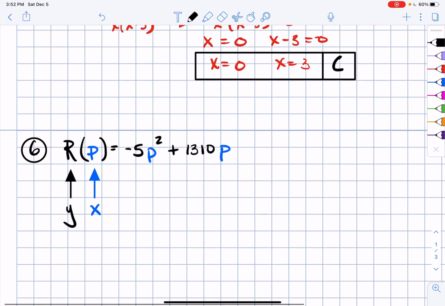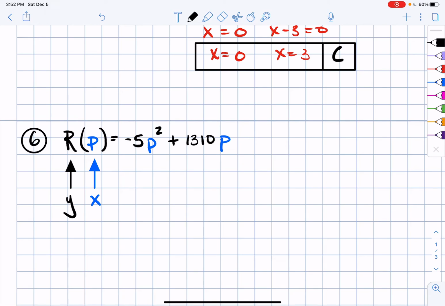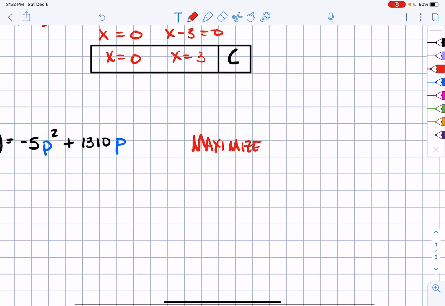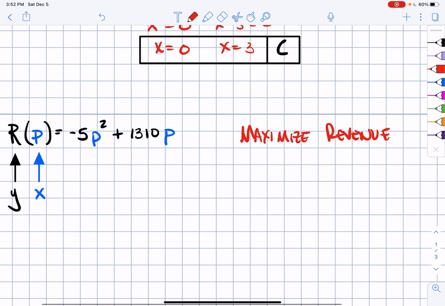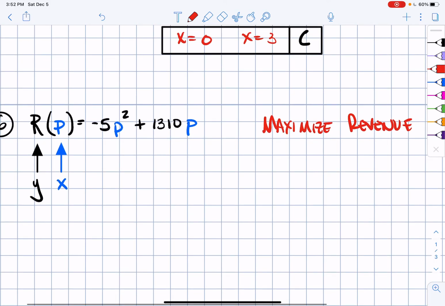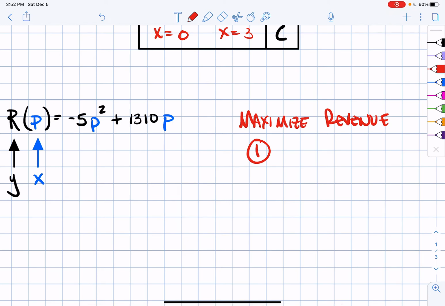So with every single maximizing problem, you're always maximizing the Y, okay? With every maximizing value, what you actually need is your vertex.